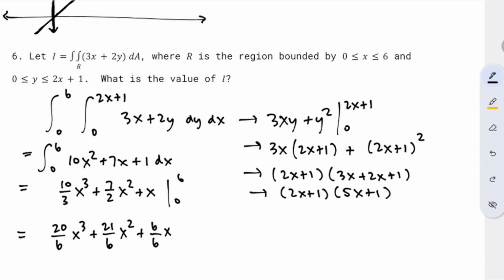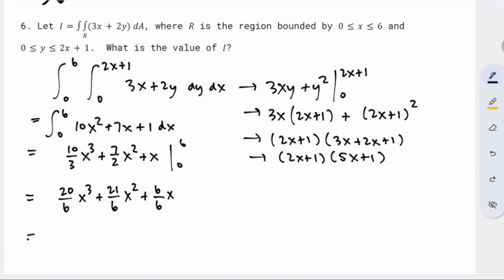I don't know if that's going to be the thing to do, but just in case. I'm going for a common denominator. 6 to the third is 216, and so 20 times 216 plus 21 times 36 plus 6 times 6 would be another 36, divided by 6. That's going to be as far as I take it.